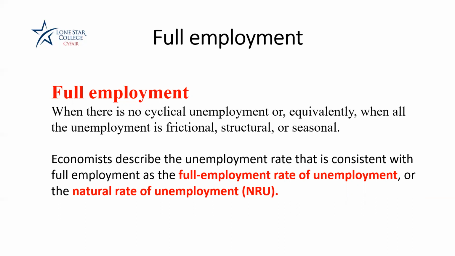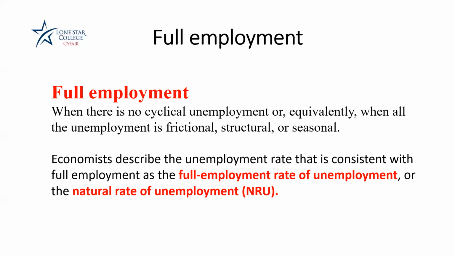We still have frictional unemployment because they are natural. So basically, we say that if the economy is healthy and if there is no cyclical unemployment, we still have some level of unemployment, and we're going to call that the natural rate of unemployment. Okay, so it does not mean that the unemployment rate is zero.